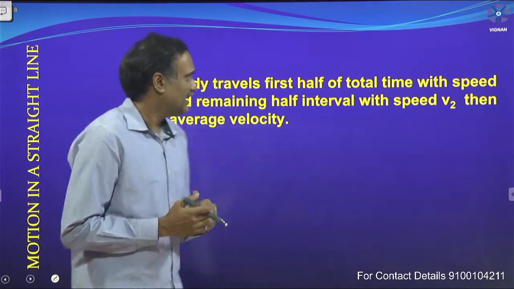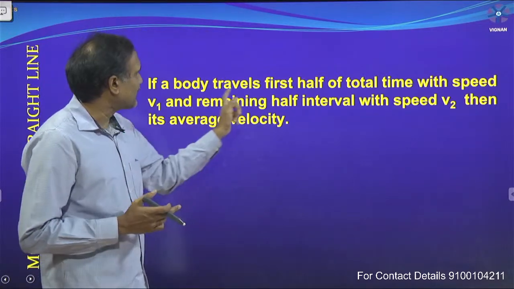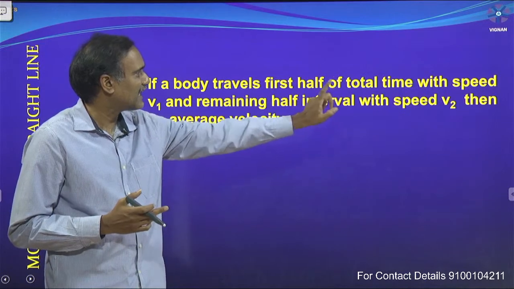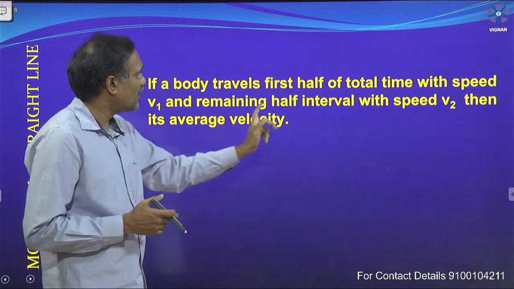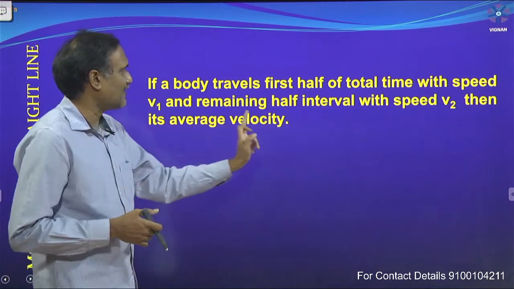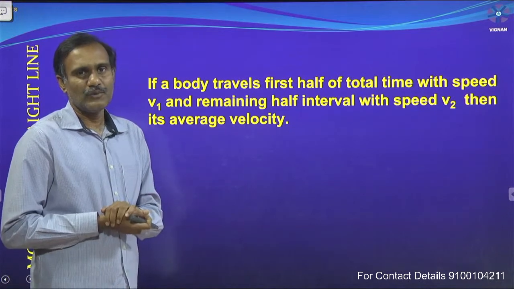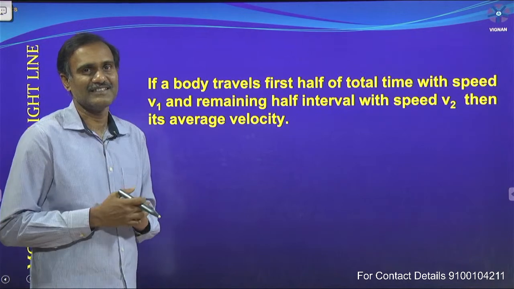Now you observe this application. A body travels the first half of total time with speed v1 and the remaining half interval with speed v2. We are going to calculate its average velocity.